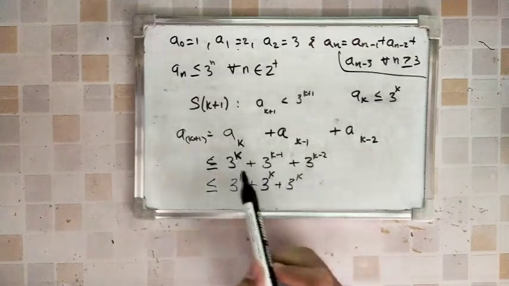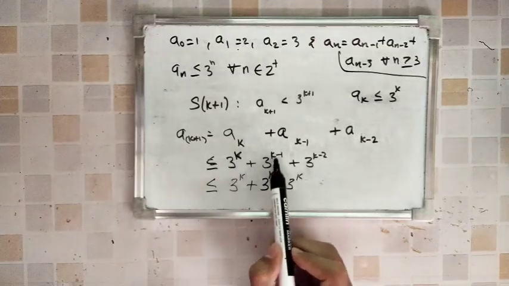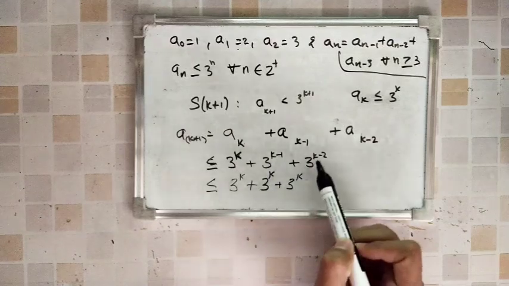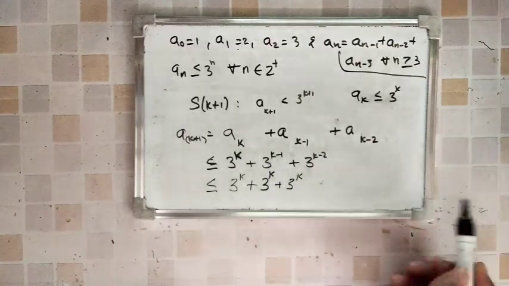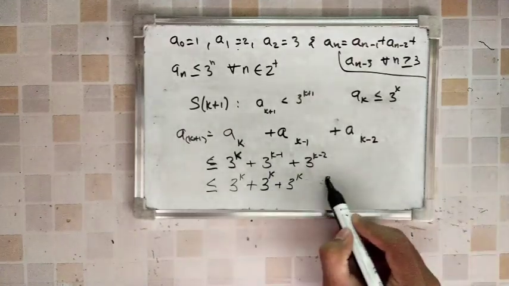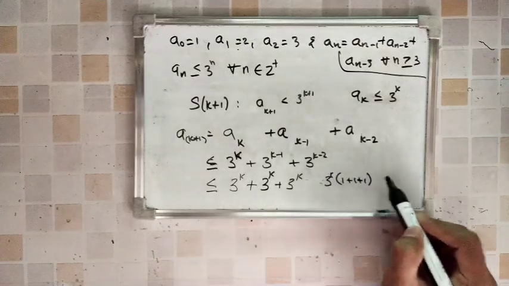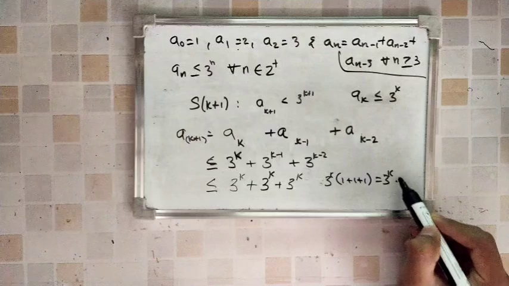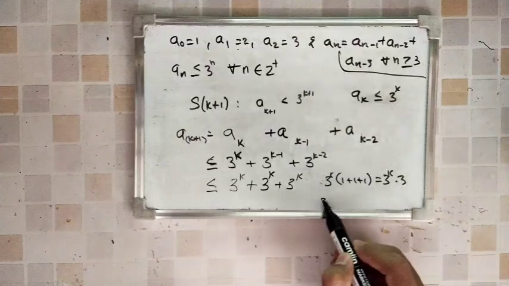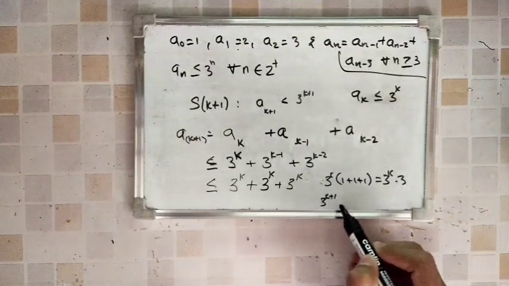That's why I am considering k minus 1 as k itself, k minus 2 also as k. Then I will take 3 power k common, so we will have 1 plus 1 plus 1, which is 3 power k into 3. So bases are same, I will just add the powers: 3 power k plus 1.